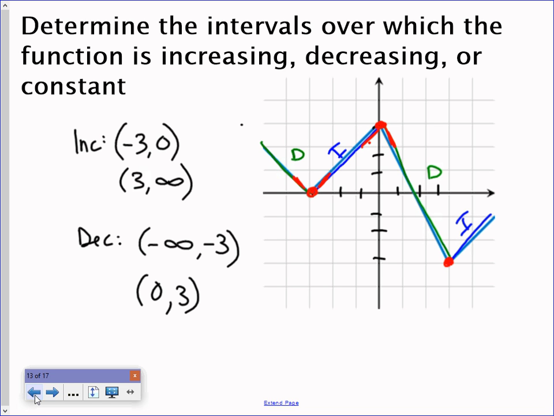No, because there's an actual real minimum over here. We would call this one right here a global minimum, because for the entire function, it is the lowest point. Okay? And then this would just be a relative minima relative to the graph around it.